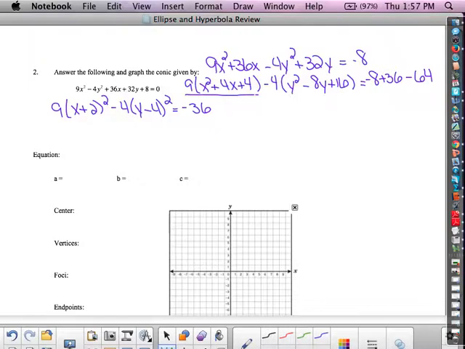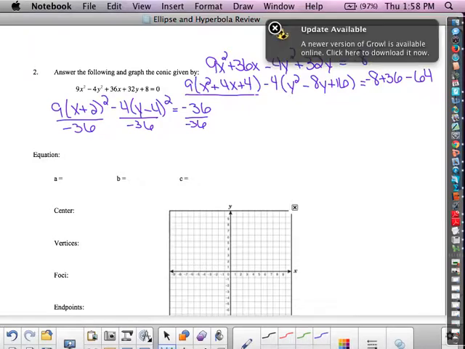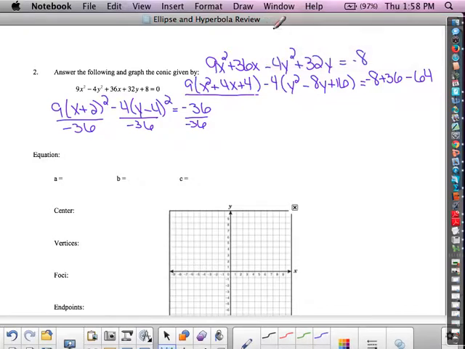So now we're going to divide by negative 36, and I will have the equation (x plus 2) squared over negative 4 minus (y minus 4) squared over negative 9 equals 1.